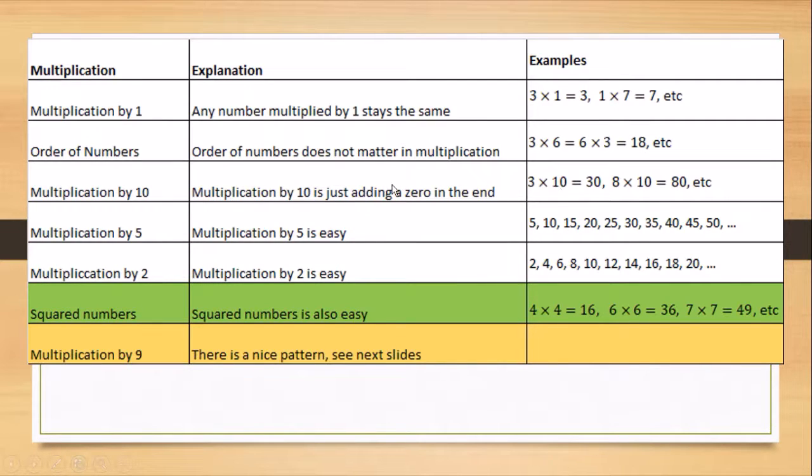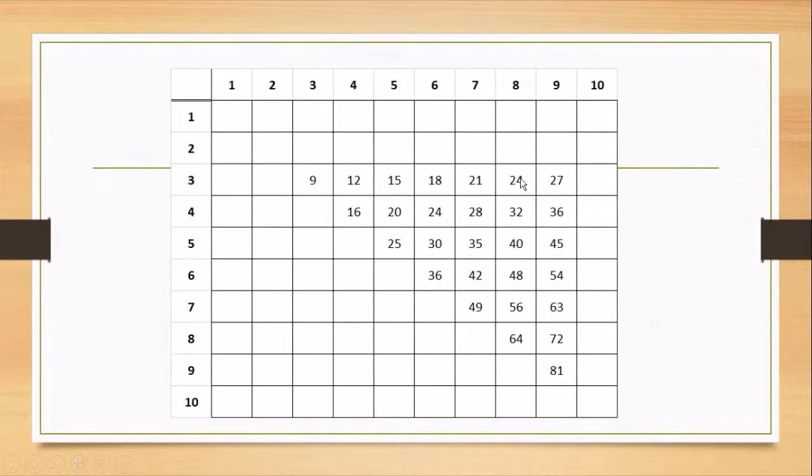It's just adding a 0 at the end. 3 times 10 is 30, and so on. Multiplication by 5 is also easy, and so is multiplication by 2. So we can really remove these from our list of numbers to memorize. So remove 1, 2, and 10.